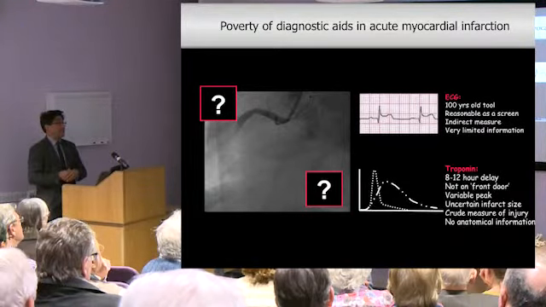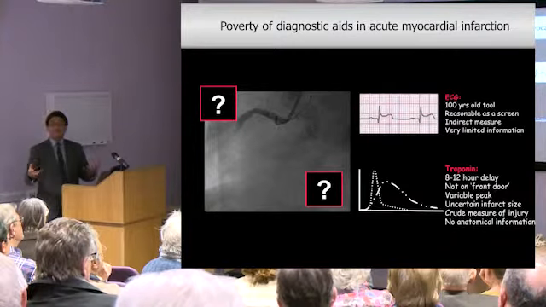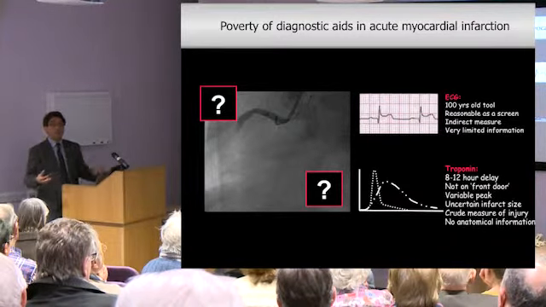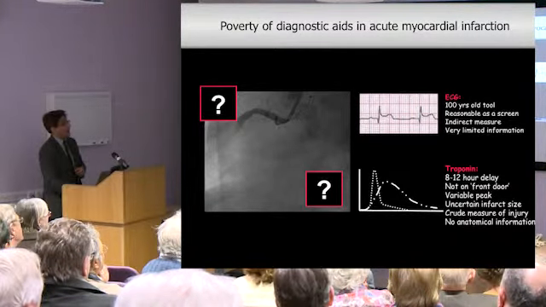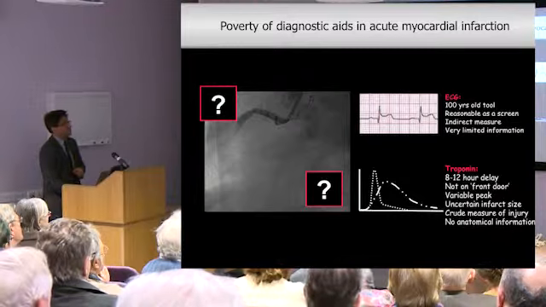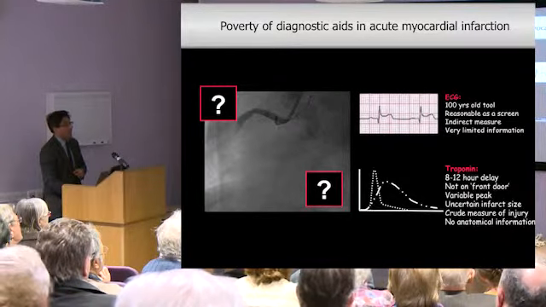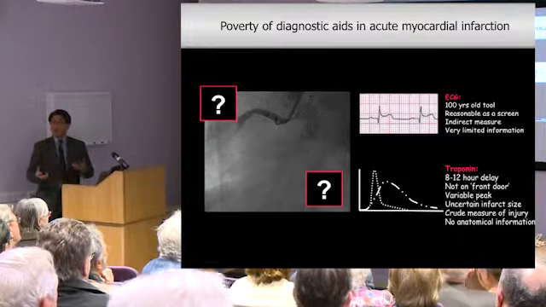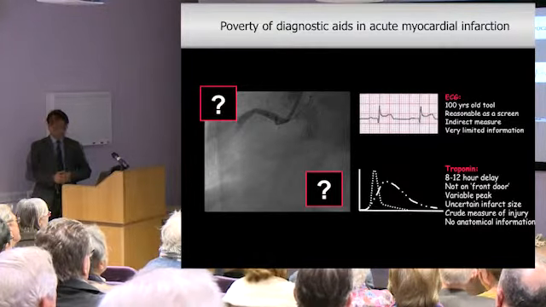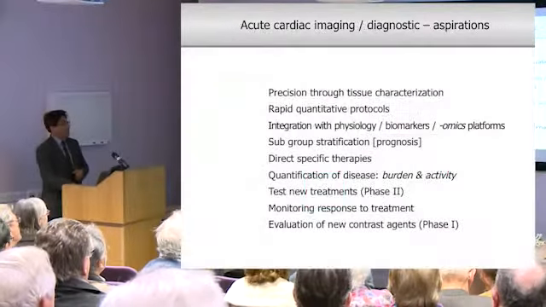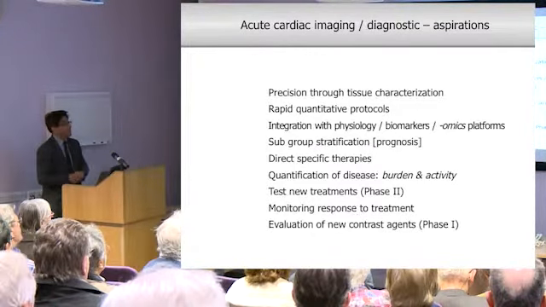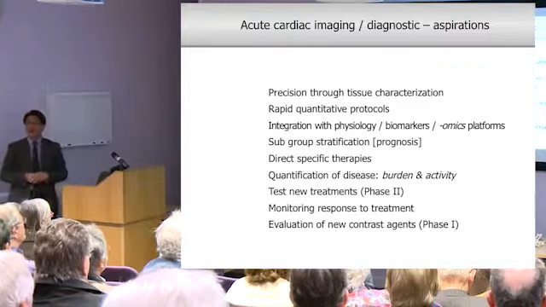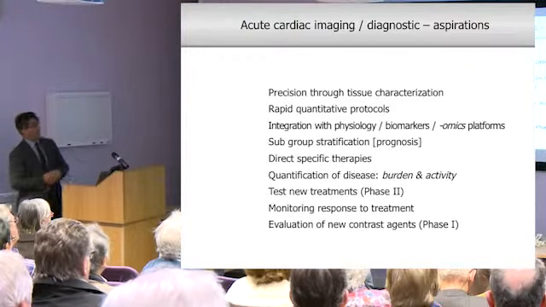They don't tell us anything about the patient's propensity to develop bad heart rhythms, either acutely or down the line. So there's a lot more we would like to know, both about the upstream, about the causative problem in the artery, and about the downstream, what's going on inside the heart muscle. Okay, so at the moment, we're very much making do. And what I've put here on this text slide is, if you like, a clinical wish list.